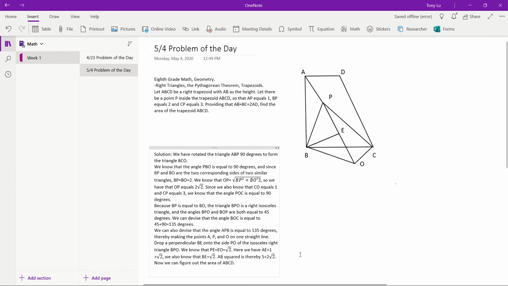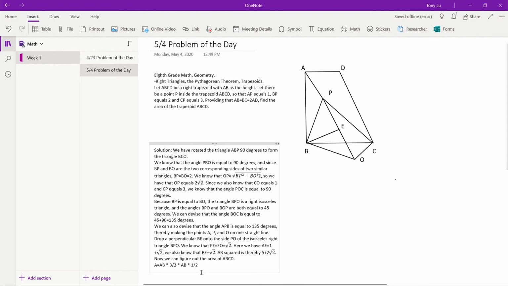As we said earlier, the area A equals AB times 3 over 2 times AB times 1/2, my bad, which is equal to 3/4 times AB squared.